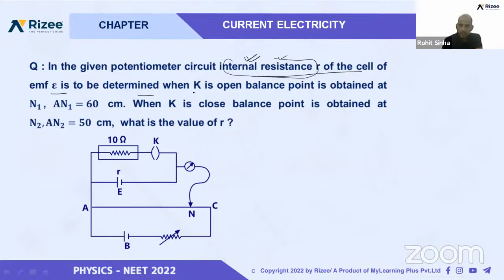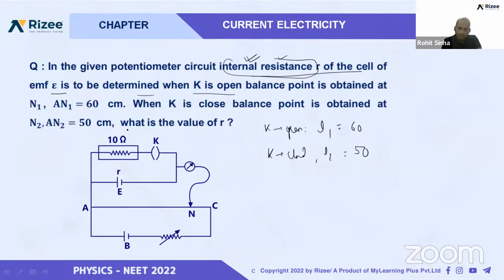When K is open, we get L1, which is obtained at 60. When K is closed, we get L2, which is given as 50. We have to find the value of R.